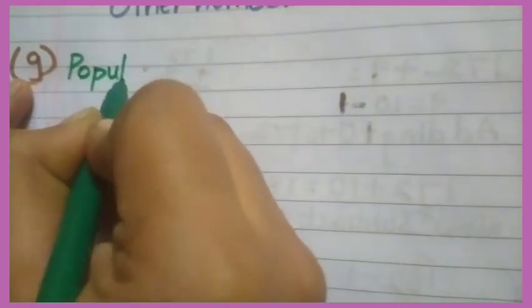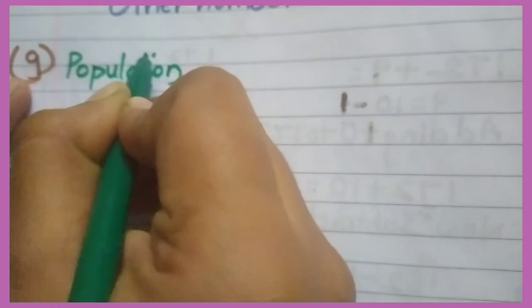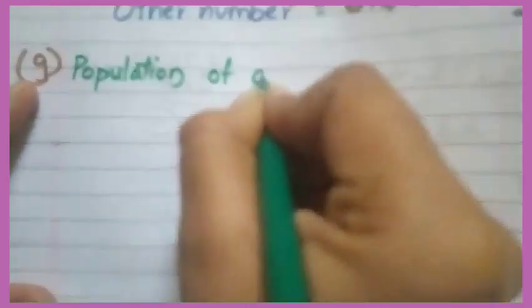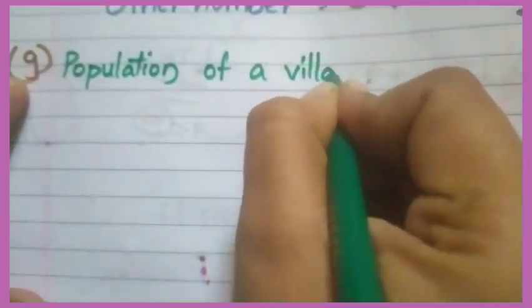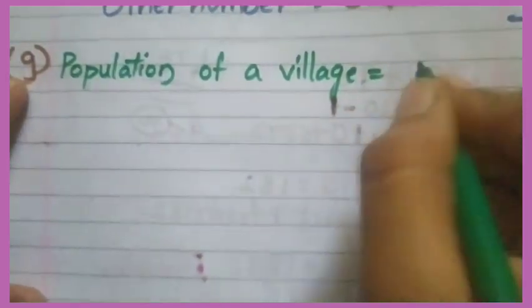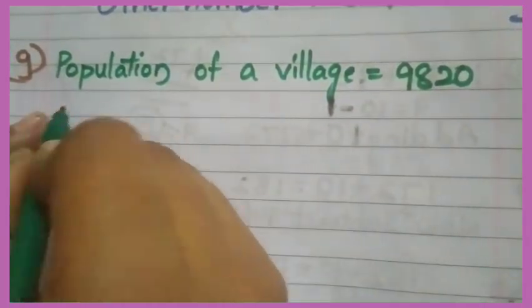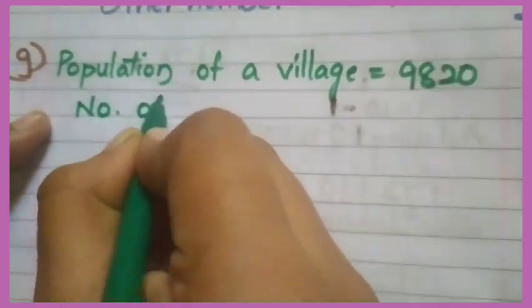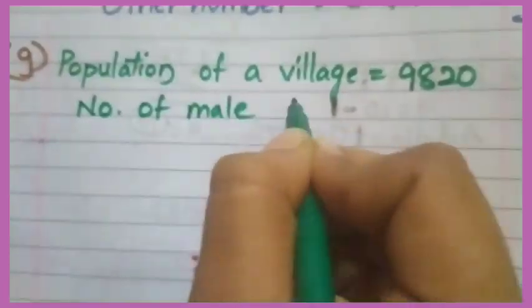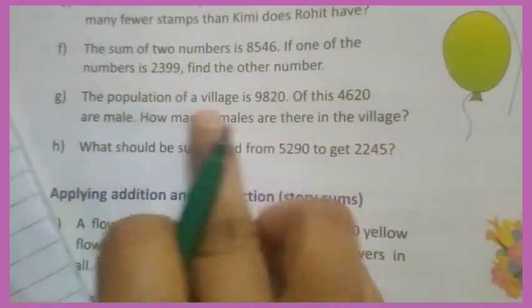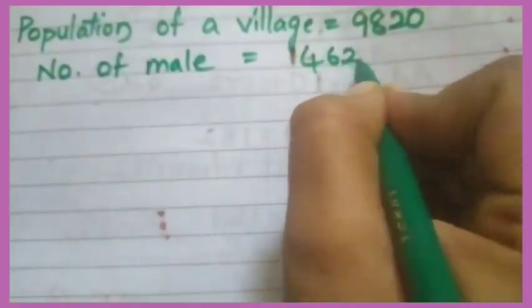G answer, population of village. Population of a village 9820. Now number of male, look, 4620.